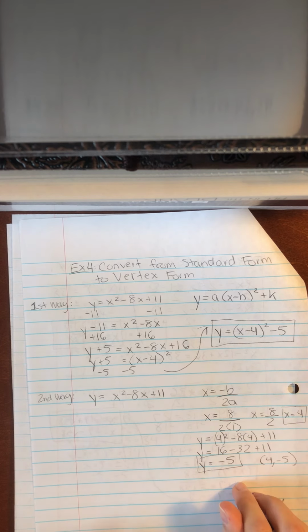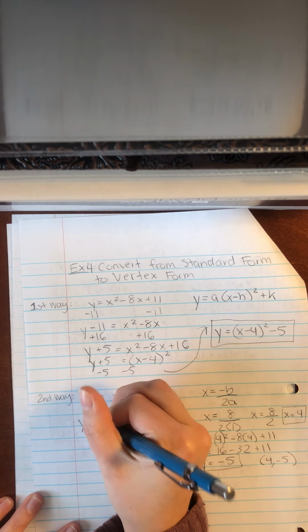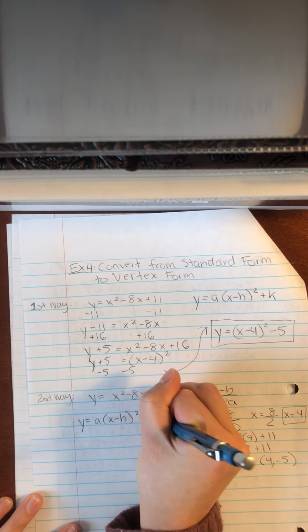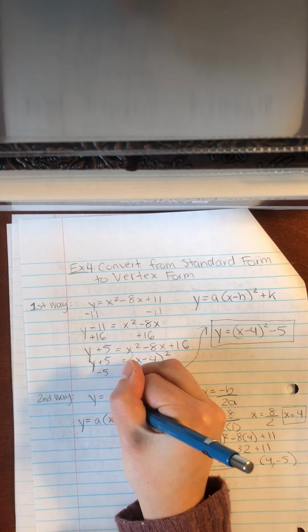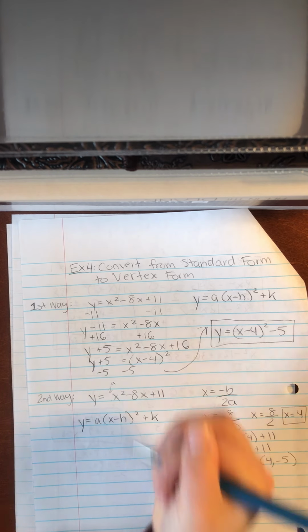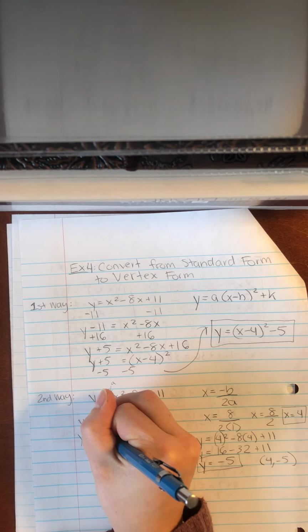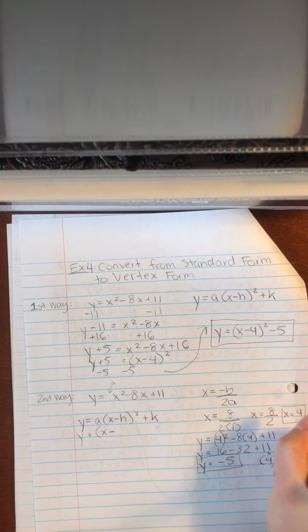And we can go right into vertex form, which is y equals, or f of x, whatever you want to write, a times x minus h squared plus k. A is 1, right? That's where a is. So we don't have to write a 1. We can just keep it like that. X minus, remember, h, k.